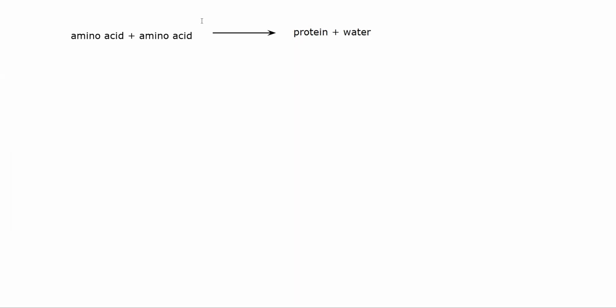And this reaction, the formation of a protein, is called polymerization or condensation polymerization. And the reverse, if a protein is broken down into amino acids, we call that reverse reaction hydrolysis. This is a word equation; it can be two amino acids, or it can be many molecules of amino acid, and they join together and result in the formation of a protein.